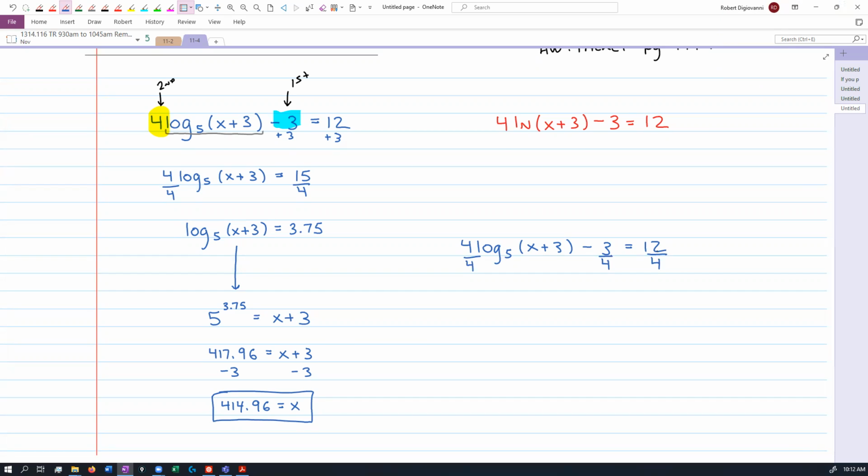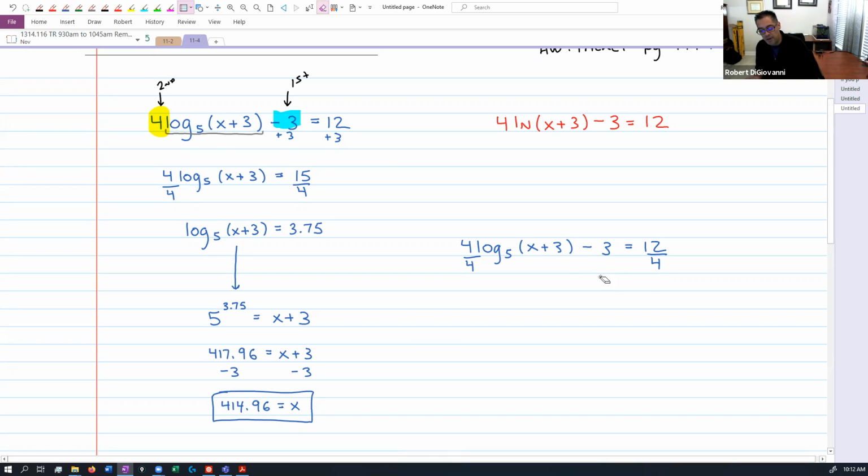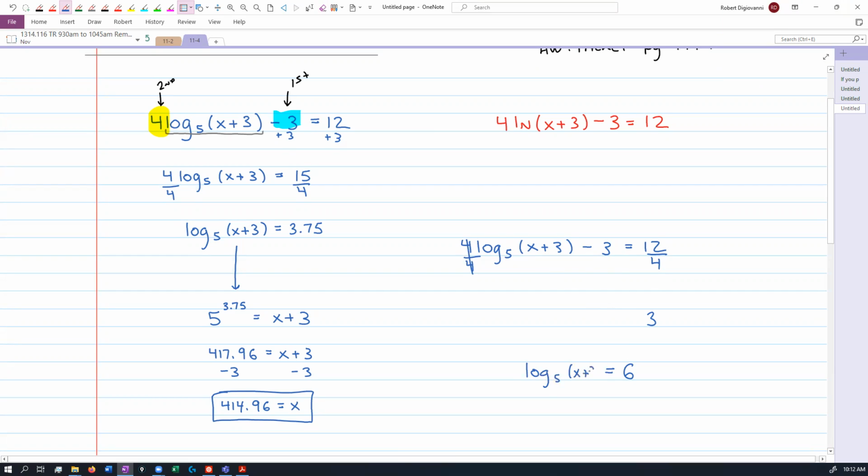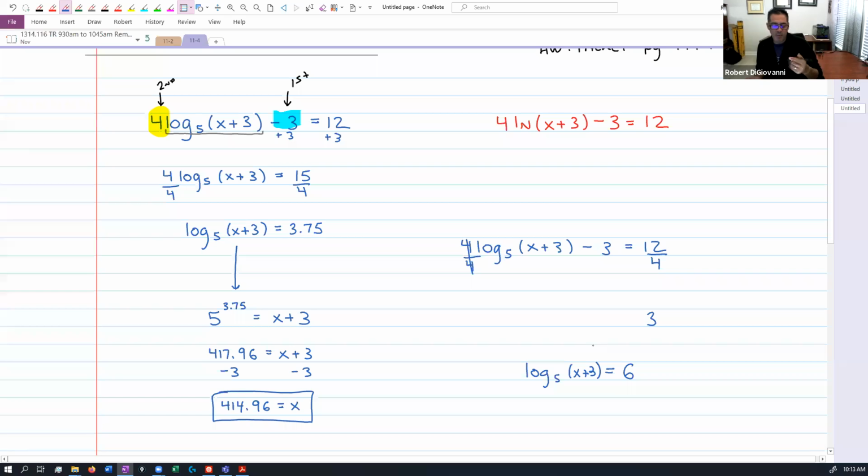On the 12, yeah. So see, if you don't do the 4 here, then this goes away, that becomes a 3, and then when you added 3, you got 6 on the other side, didn't you? Yes. Yeah, and see, that's not gonna work. Because when you divide an equation by a number, you have to divide everything on both sides.